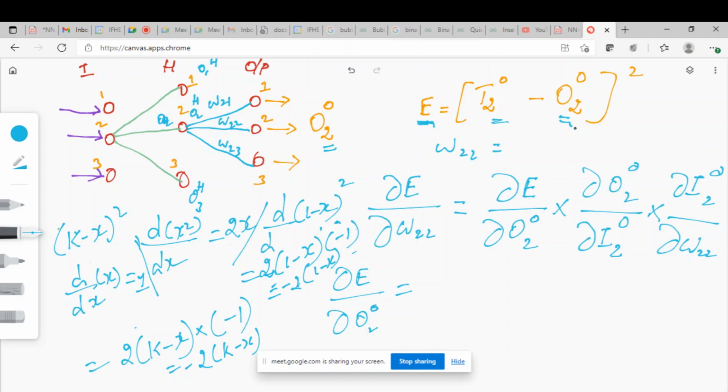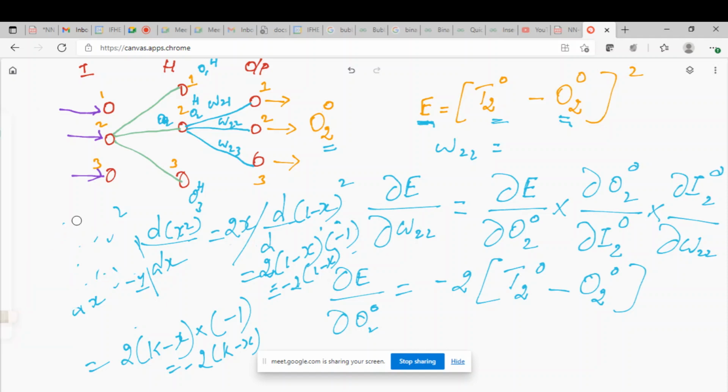Answer please. Minus 2 into (T2 minus O2). Okay, so this is the derivative of this. We have taken the derivative of this, and like that for every function you have to take the derivative and then plug it into this equation. After plugging into this equation, we can check with different weights: if the weight is this much, then what will be the output.